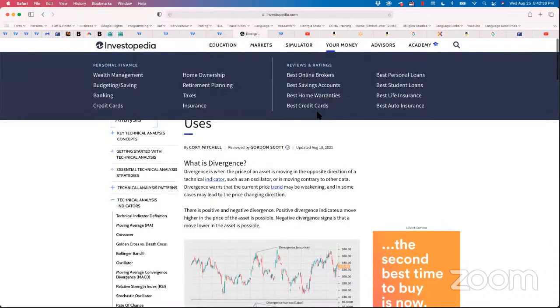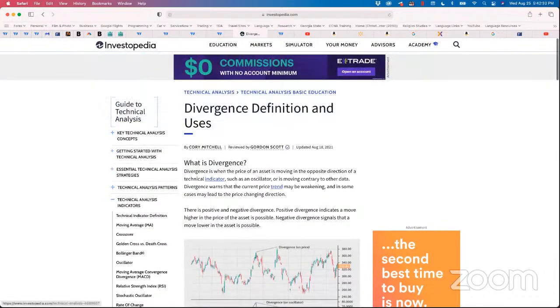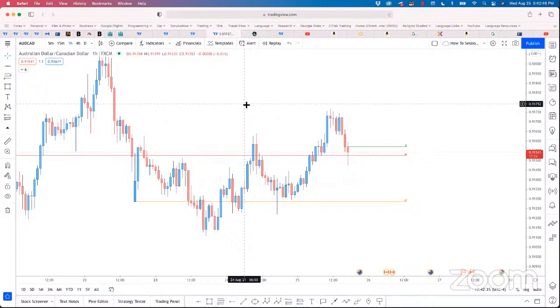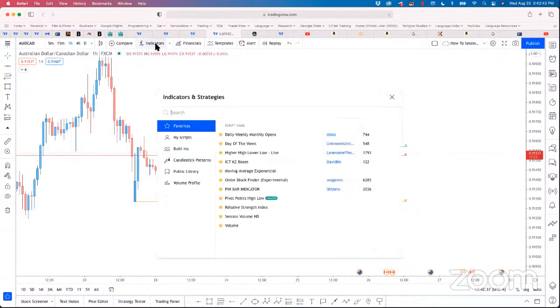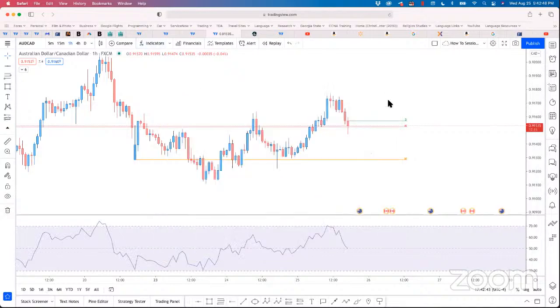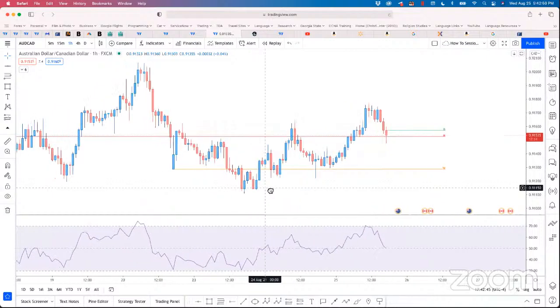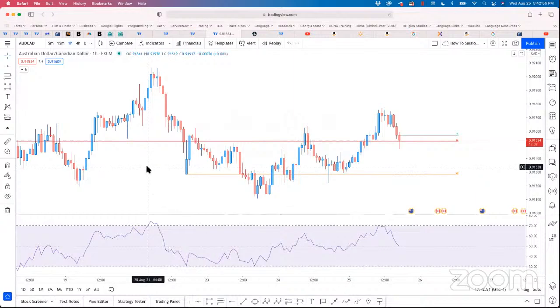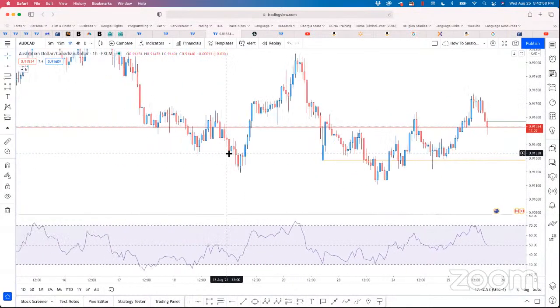It will give you everything you're looking for as far as terms. The main indicators people use for divergence are RSI and MACD. You can use stochastics, that kind of stuff. Those are the main ones you'll see.